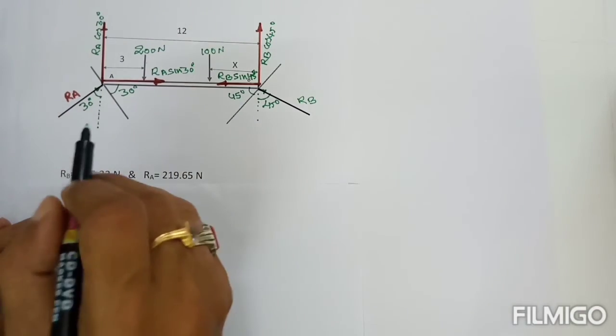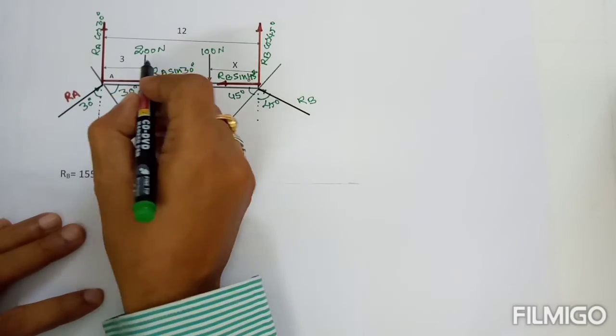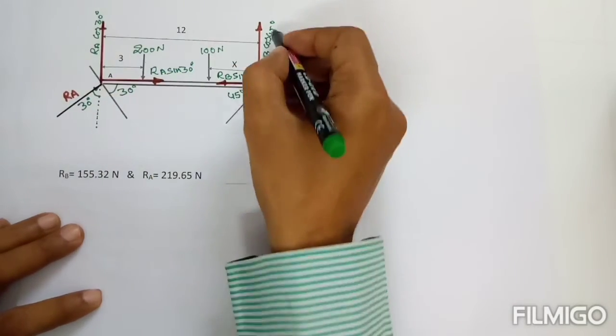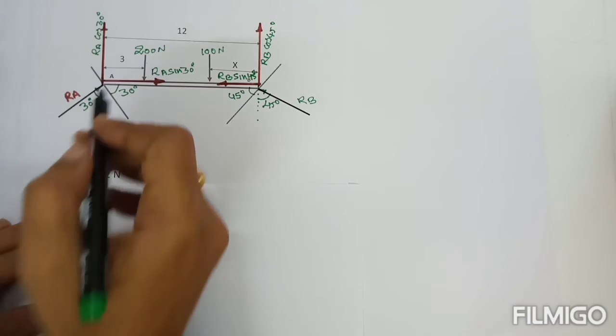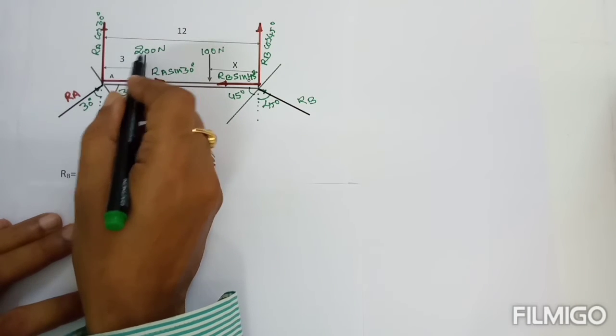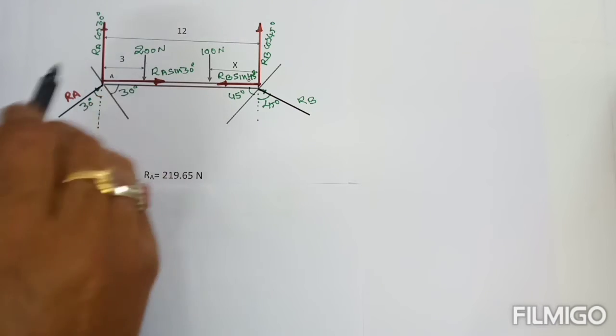And what are the forces to be considered while calculating the moments? 200 newtons, 100 newtons, RB cos 45. As we know, moment is nothing but force into perpendicular distance. Here clockwise moments are taken as positive and anti-clockwise moments are taken as negative. Then 200 newtons into 3, it is clockwise.